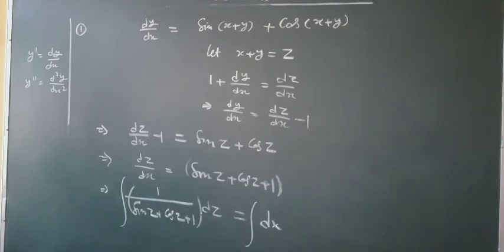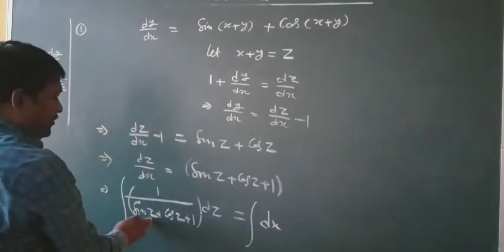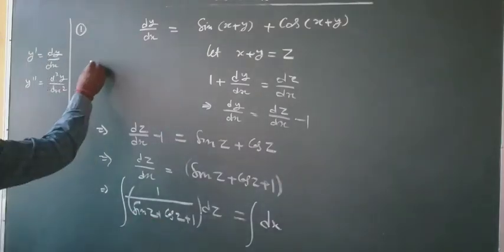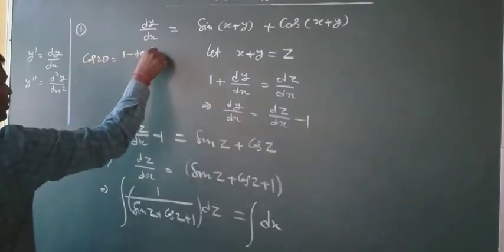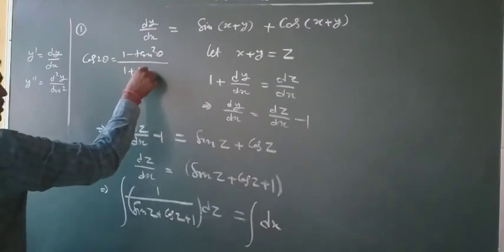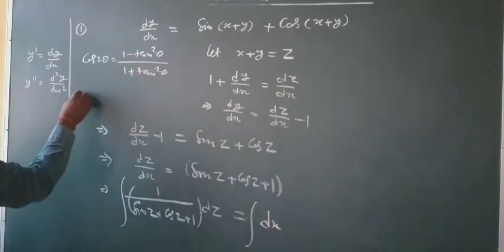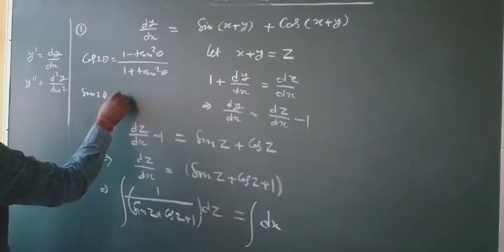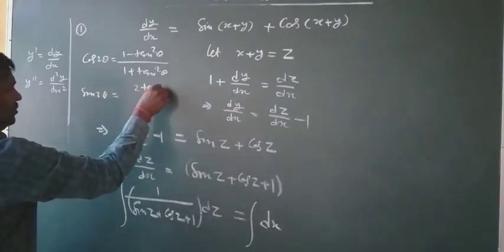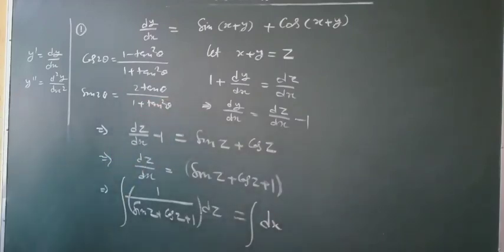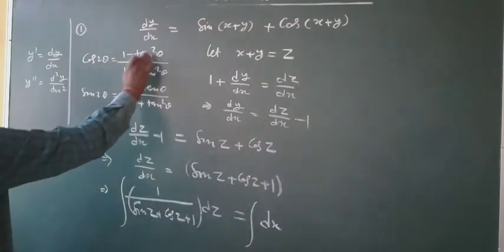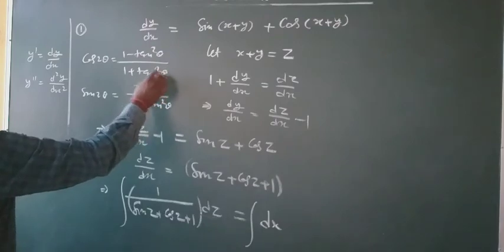Of course you can do it. Use the values of sin theta and cos theta: cos 2 theta is equal to 1 minus tan square theta upon 1 plus tan square theta, and sin 2 theta is equal to 2 tan theta upon 1 plus tan square theta.